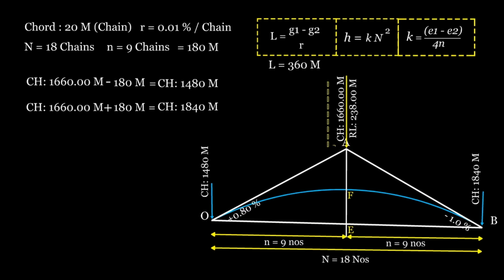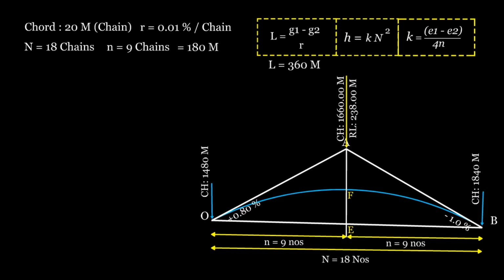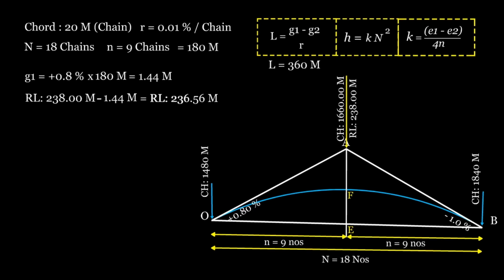Step 3. Find the reduced level (RL) values of the tangent points. For the first tangent point, G1 equals 0.8%. The length of the tangent from the apex is 180 meters. The difference in elevation equals 0.8% times 180 meters, which equals 1.44 meters. The RL of tangent 1 equals the RL of the intersection point minus 1.44 meters, that is 236.560 meters.